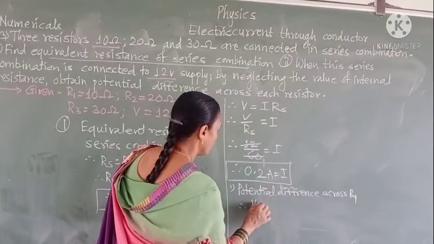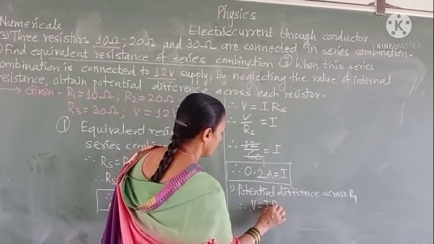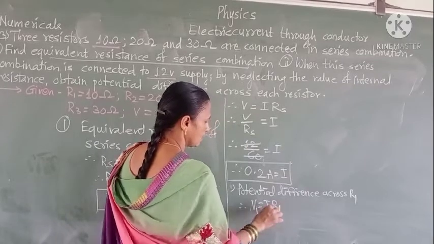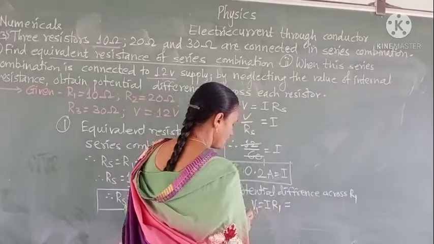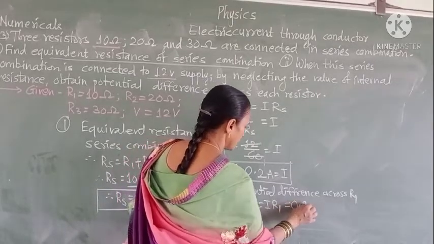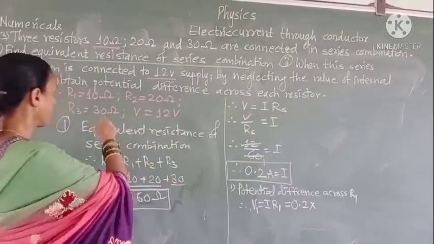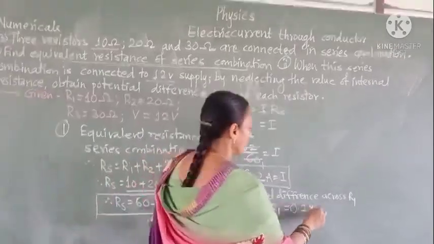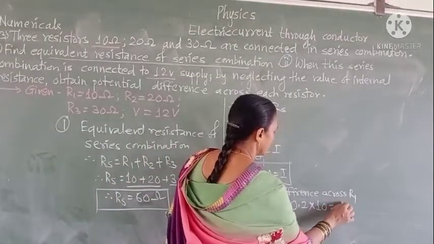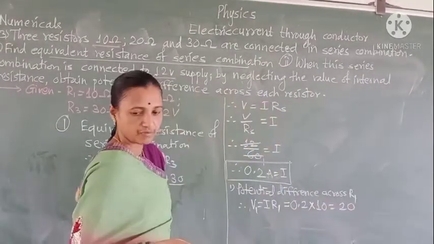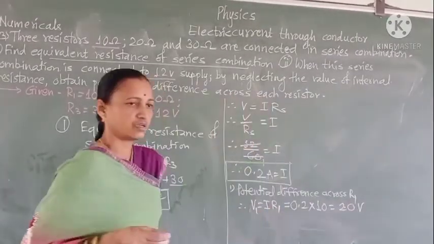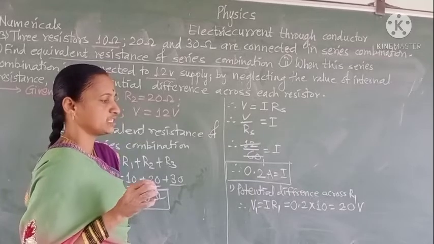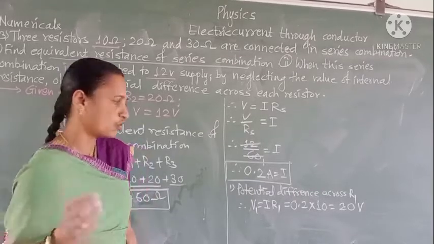That is V is equal to I R. That is V1 is equal to I R. Here V1 is equal to I having the value 0.2 and R1 having the value 10. Therefore 0.2 into 10 is 2.0, taking the decimal point, then V1 is equal to 2 volt.